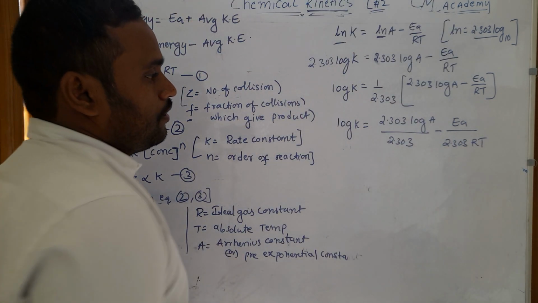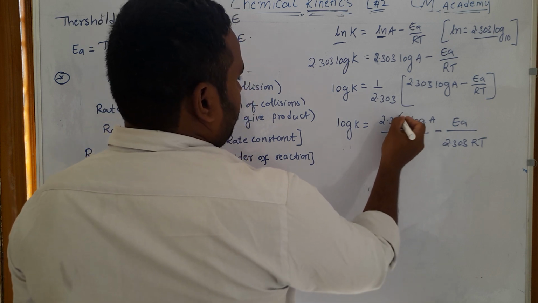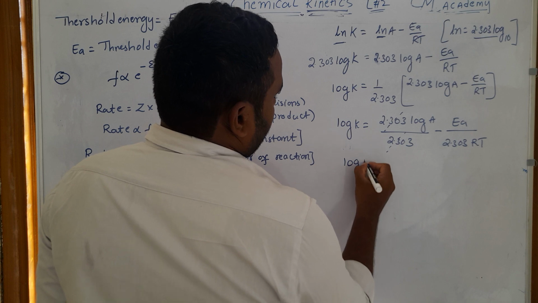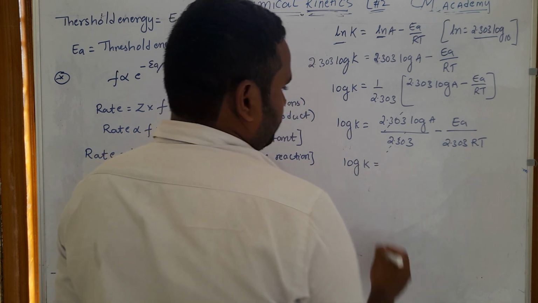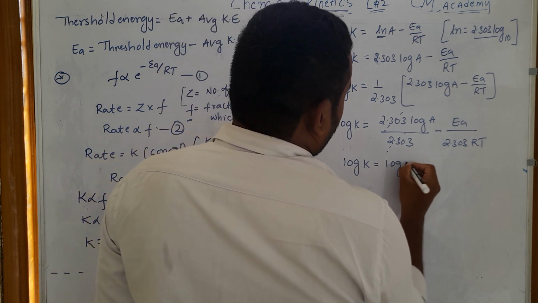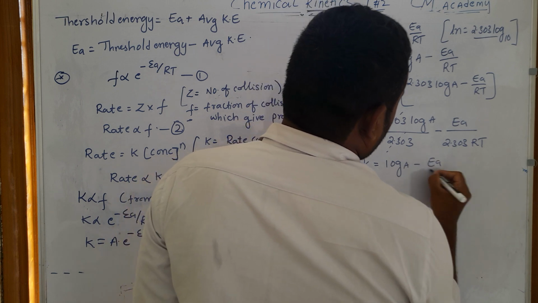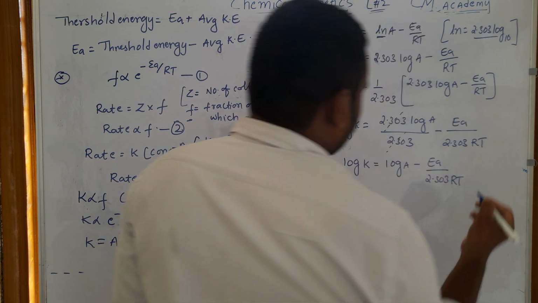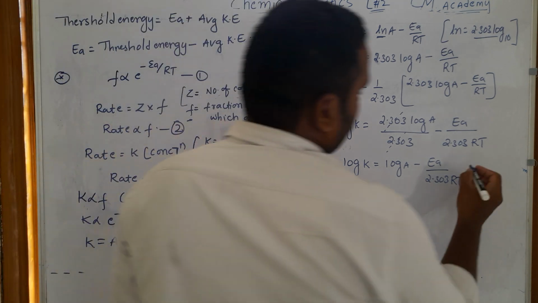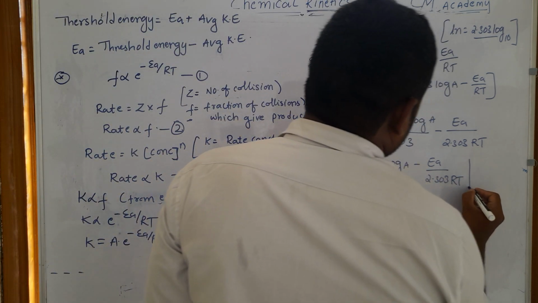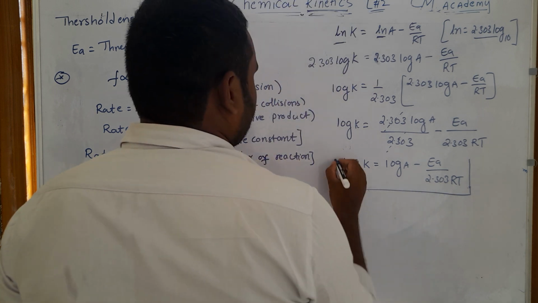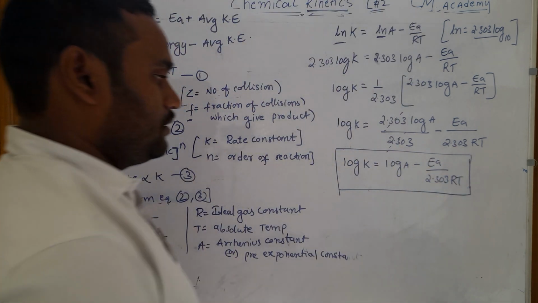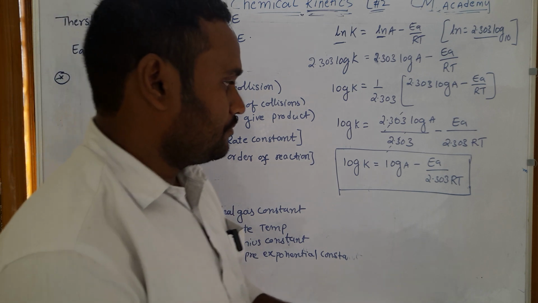Here 2.303 will get cancelled, so that we get log k is equal to log A minus Ea by 2.303 RT. This is one of the important equations which we use to calculate the activation energy at a given temperature.